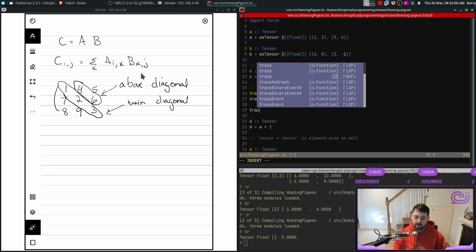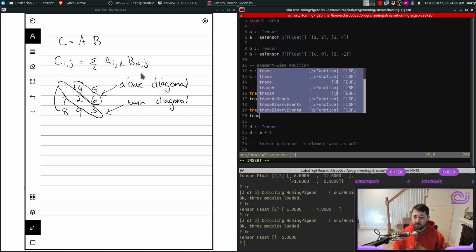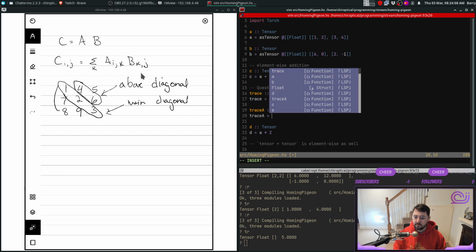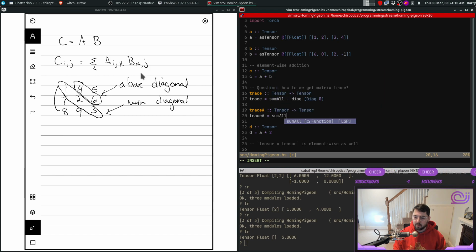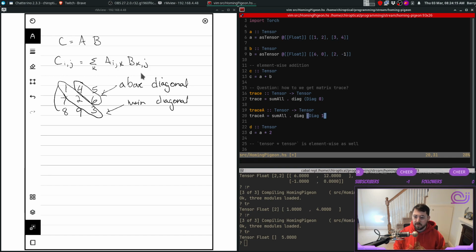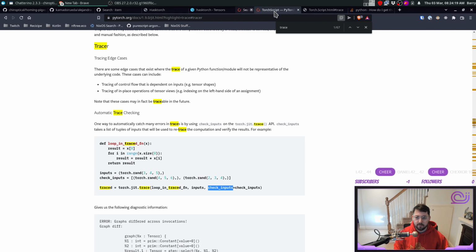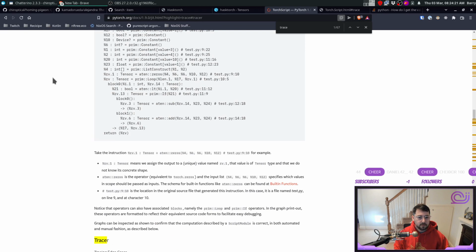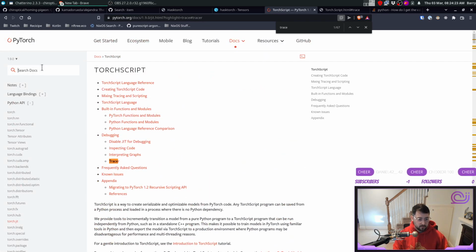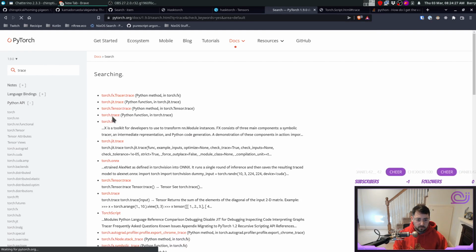And then we're going to say trace A is going to take a tensor and return a tensor. Trace A is sum all dot diag 1, seemingly. If we look at this, wherever this went, whoops. Trace. Torch trace.